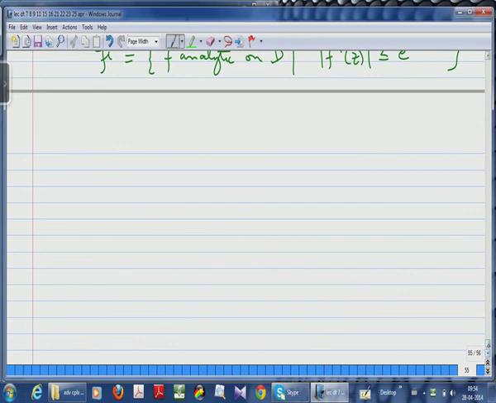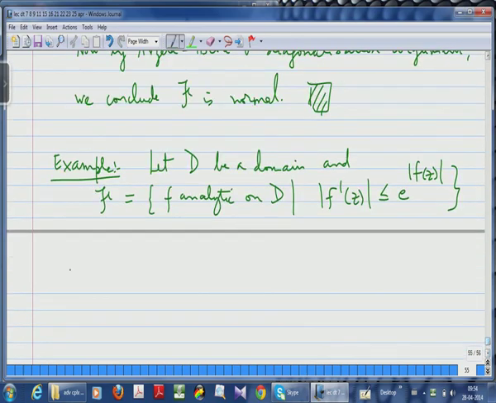So let me complete this sentence. I'll just say that then by Royden's theorem, script f is normal.